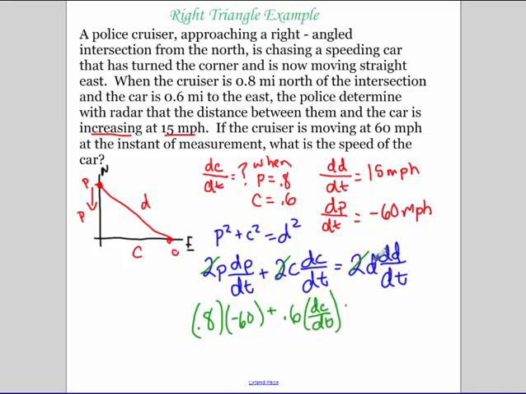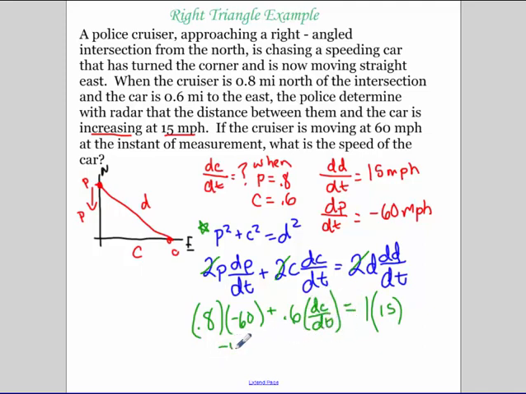The distance that's between them, use this p squared plus c squared equals d squared, and that's going to end up being 1. And dd dt is equal to 15. Now it's just a matter of solving for this dc dt.